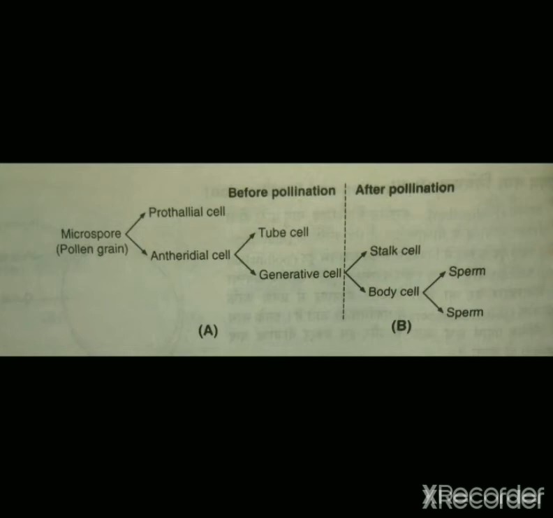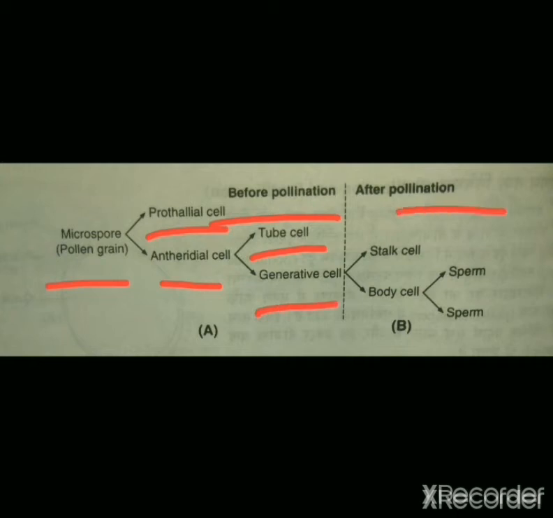We can also understand this process with the help of this flow chart. Before pollination, the pollen grain divides into two cells: the first is a prothallial cell and the other is an antheridial cell. After that, the antheridial cell divides, forming two cells, a tube cell and a generative cell.